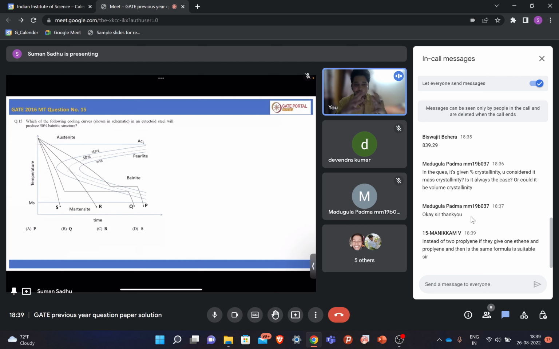It is the same polypropylene, but some part is crystalline and some part is amorphous. But in case of polypropylene and ethene, you will have a different density of the sample itself. Then rho s will be different depending on this. So in that case, you have to consider an average density kind of thing.